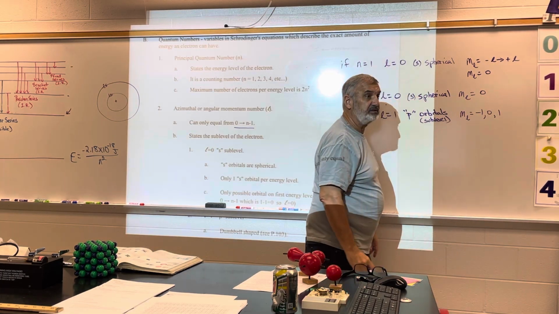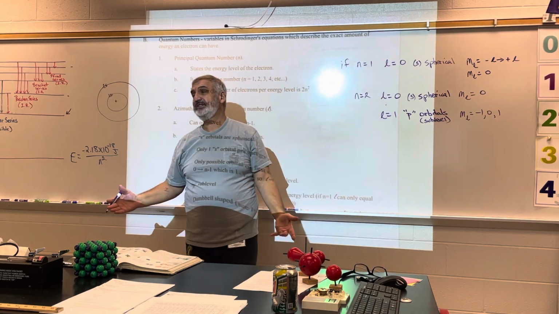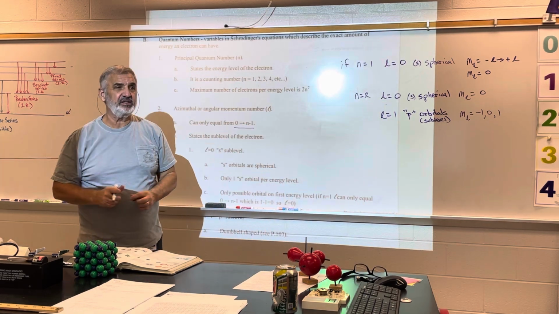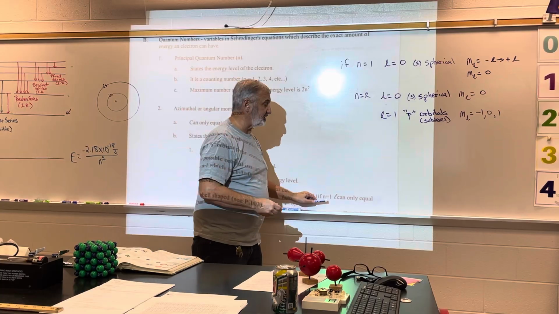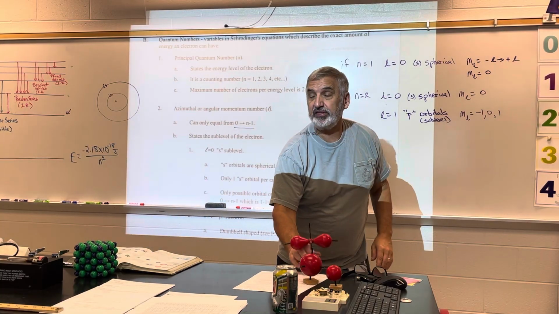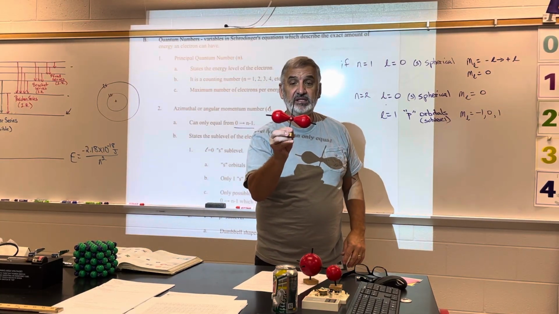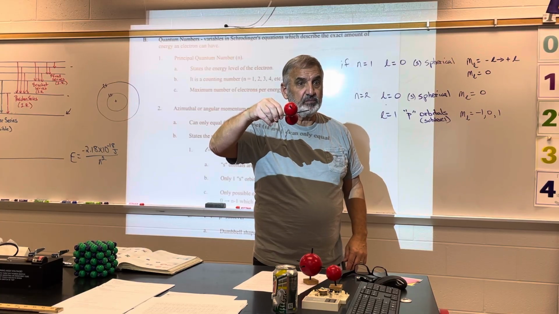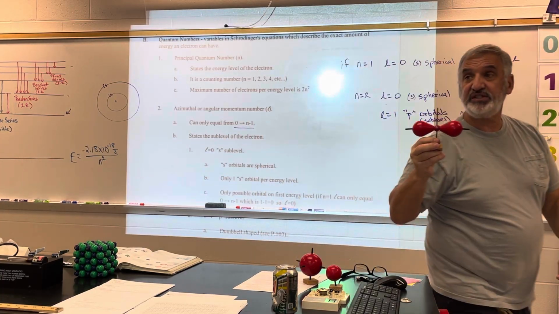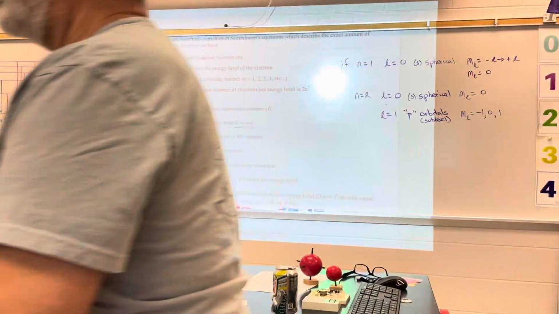Three answers. Again, the fact that it's negative 1, 0, and 1 is meaningless to us. The fact that there are three answers tells me that there are three orientations in space, X, Y, and Z. All three are equivalent. They're all the same shape, just different orientations in space.